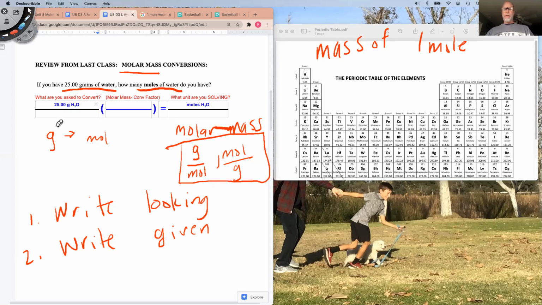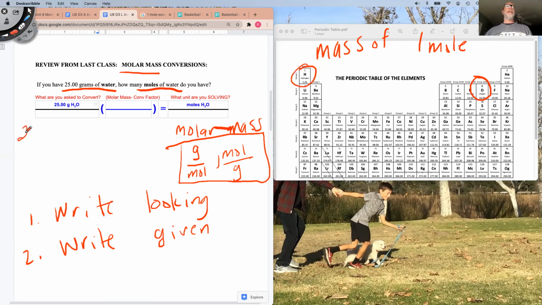Let's work out the molar mass of water very quickly. In order to find this conversion factor, we need to look to the periodic table. The periodic table is going to give us our conversion factor. So we have oxygen and we have hydrogen.